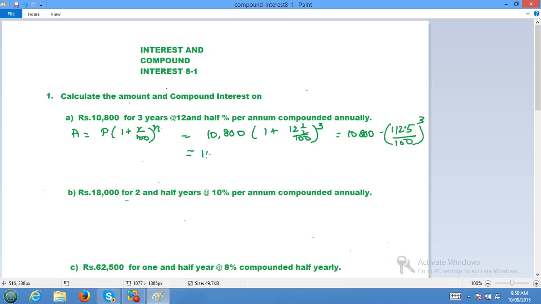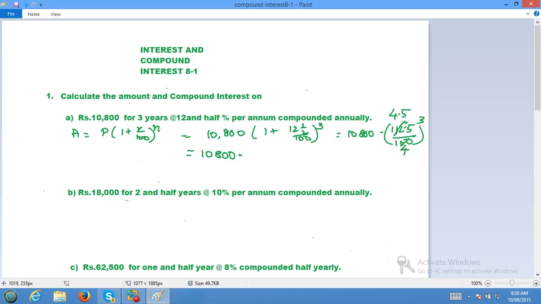Let us see. It is 10,800 multiplied by, instead of 1, this we can divide by 25. This also we can divide by 25. If you divide by 25, this will be just 4.5, and here it will be 4.